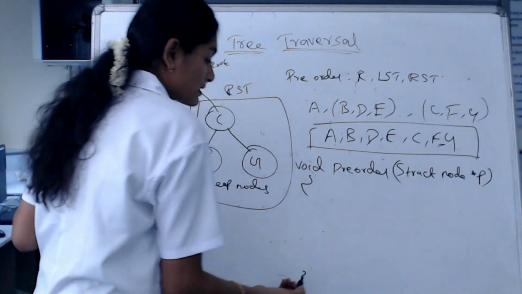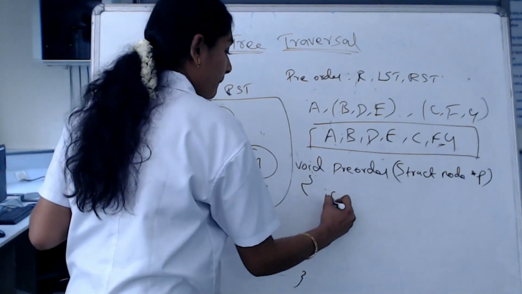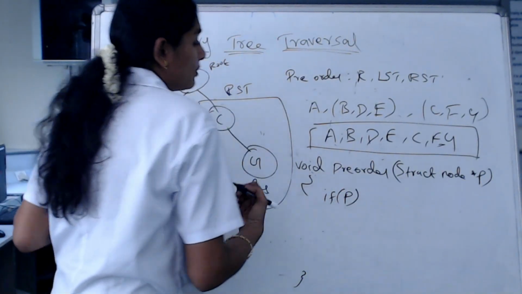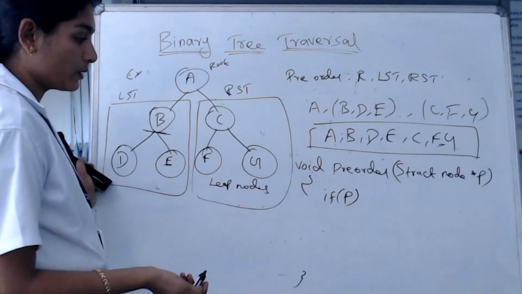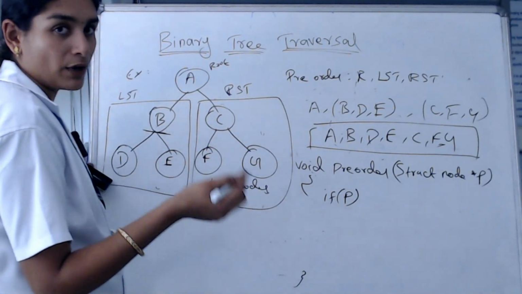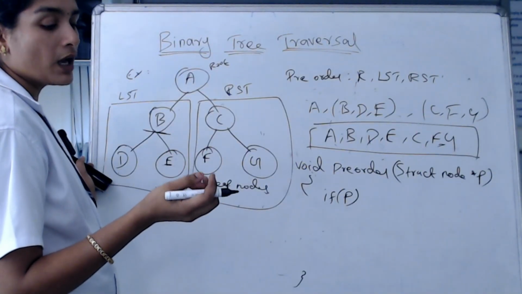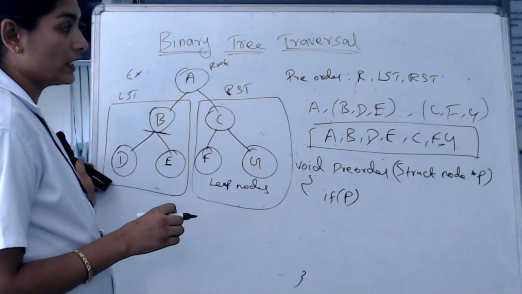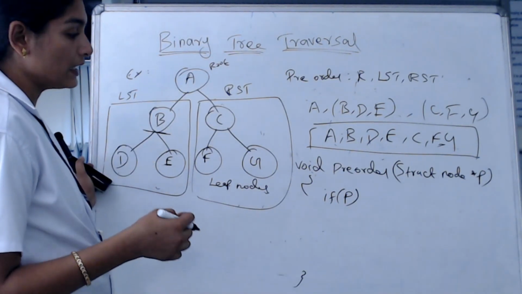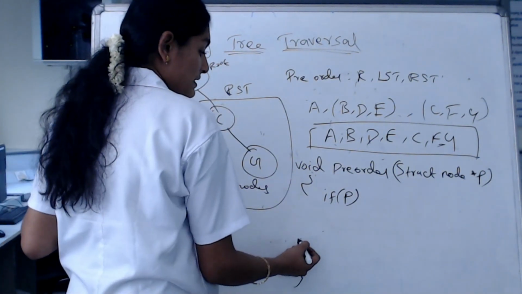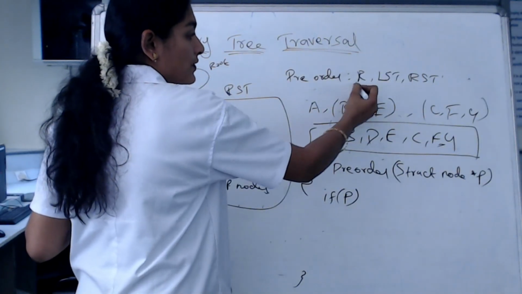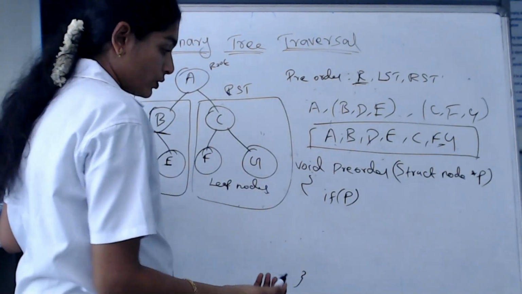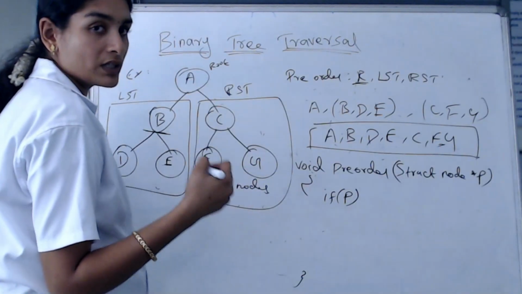Next, come to the program. If p. It means that if the node has some data, then we have to follow that order. Pre-order traversal means what is the first step? We have to visit the root node first, next the left subtree, and the right subtree at the last. If the condition p is satisfied, what is the first step? First we have to visit the root node. So we can print the root node directly.